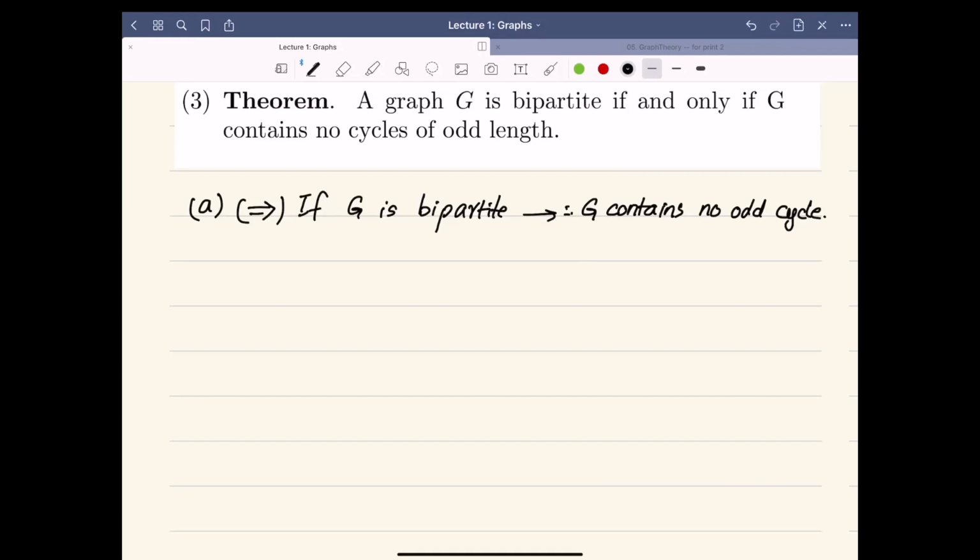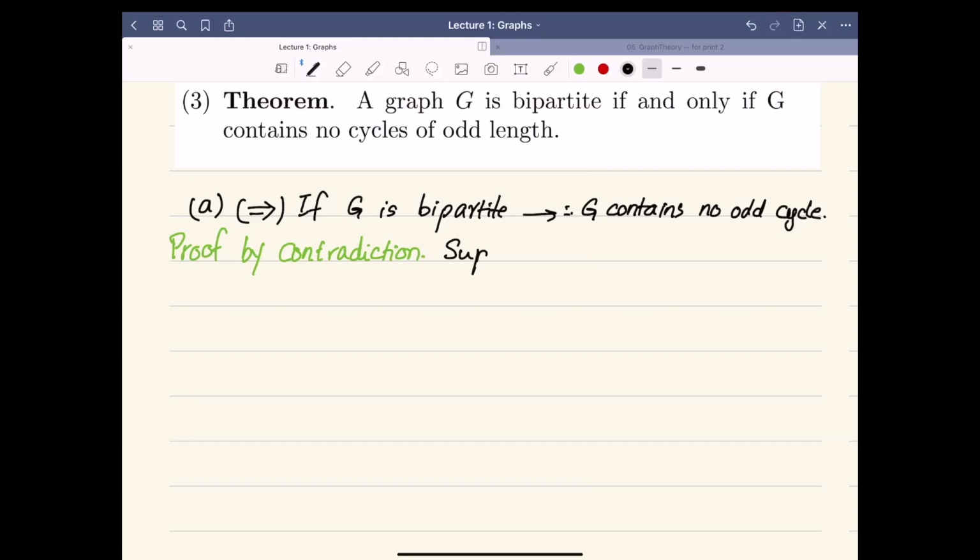We will prove this part by contradiction. And the idea for the proof by contradiction is that you assume the hypothesis and the negation of the conclusion are true. So let us write the statement.